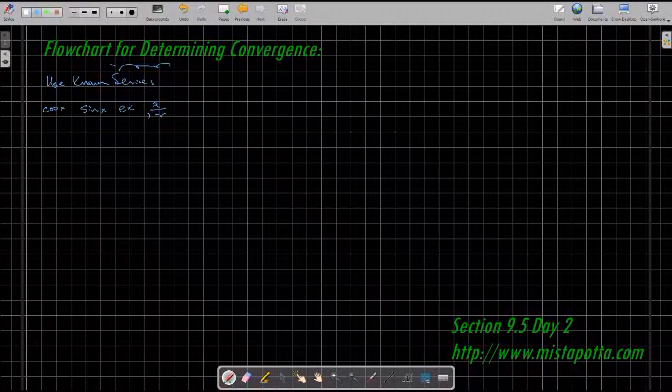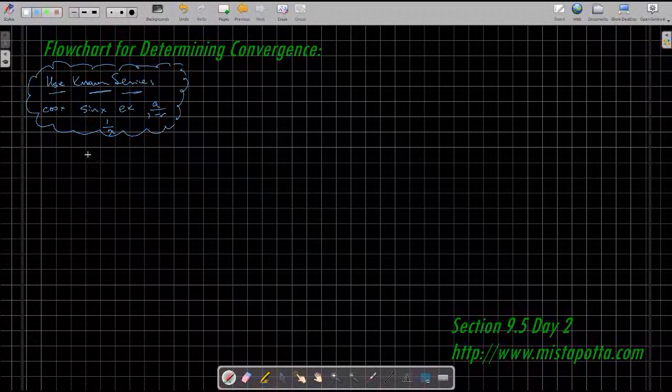The nice thing about these series is that we know exactly how these behave because we know that these converge. And also the series 1 over x, the harmonic series, because I know that it diverges. So if I can use my knowledge of these known series to show that a series converges or diverges, then I'm done.